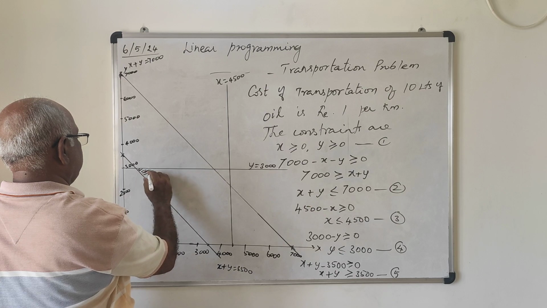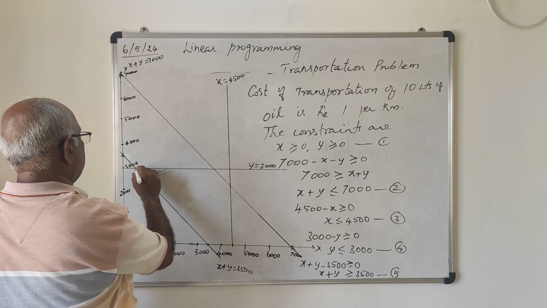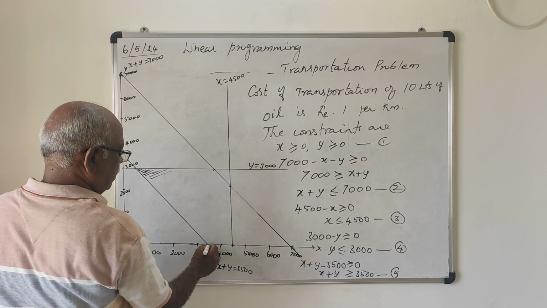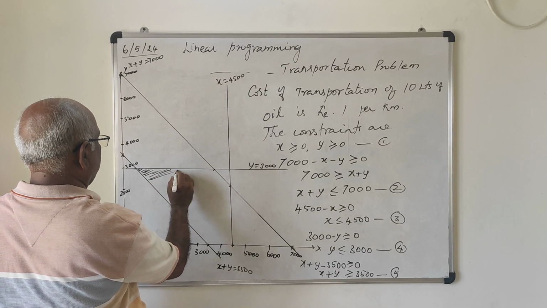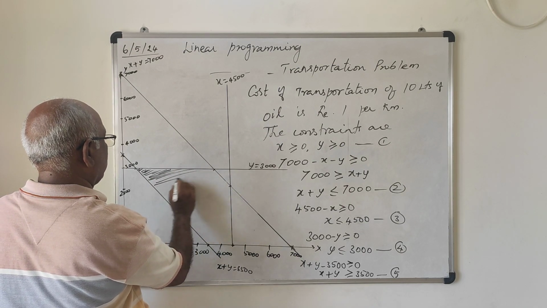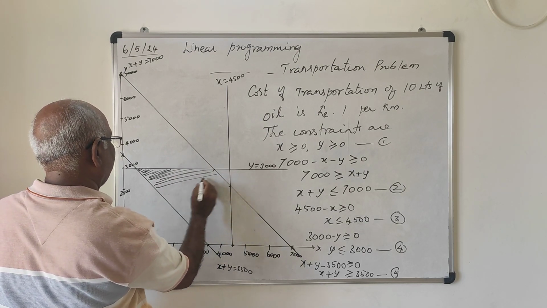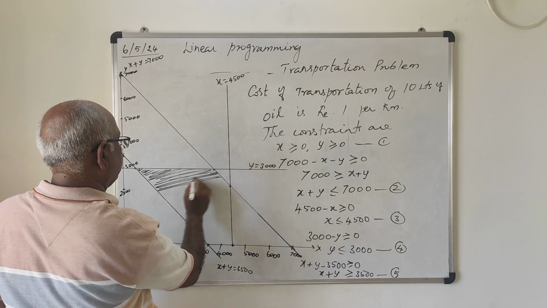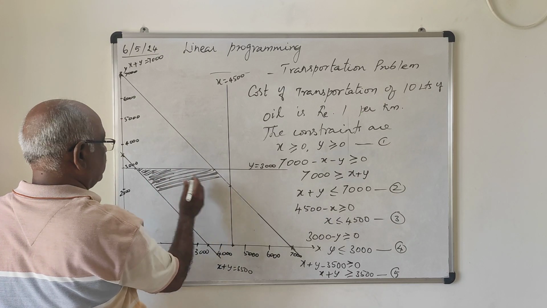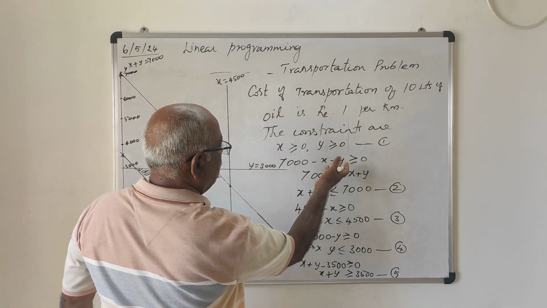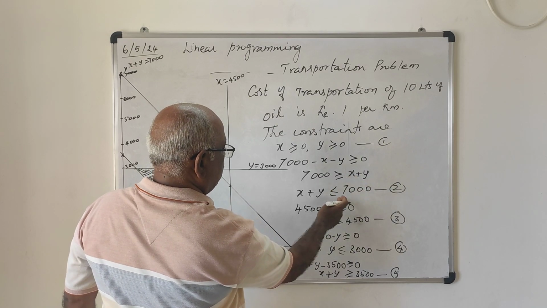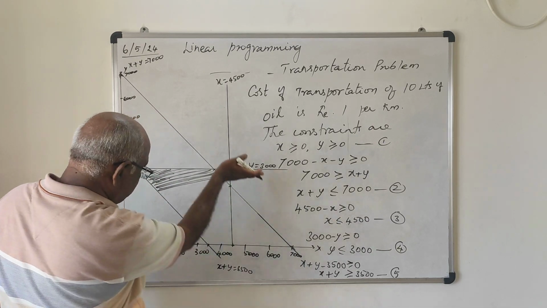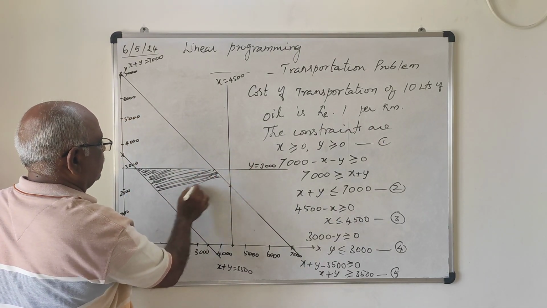The bounded region is this, in between these points. This is the bounded region. The feasible region for this linear programming: x plus y greater than or equal to 3500 is away from the origin, and x plus y less than or equal to 7000 means towards the origin.